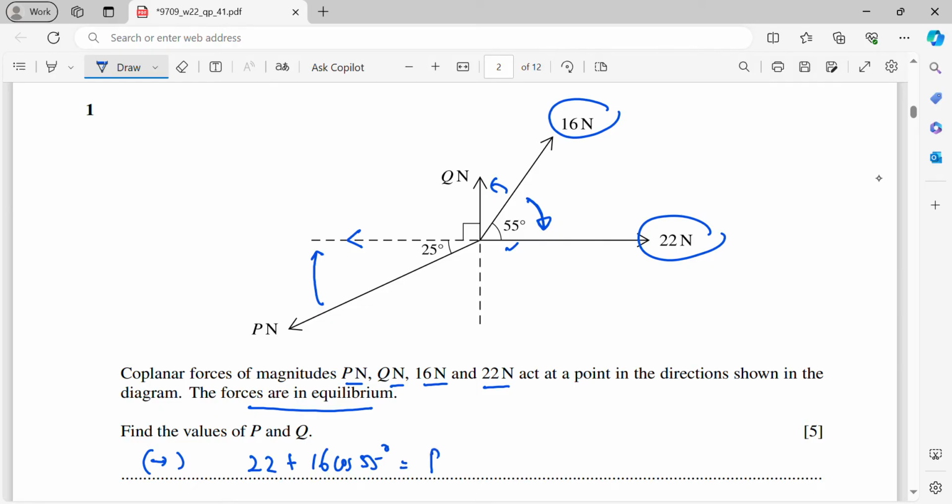So I will get P cos 25 degrees because the forces are in equilibrium, means that the left side forces will be same as right side forces.